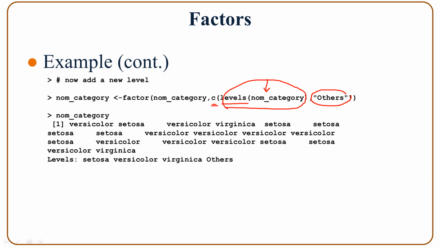Now norm category becomes having one more level, which is others. And if you look at norm category, then you see others as a new level.